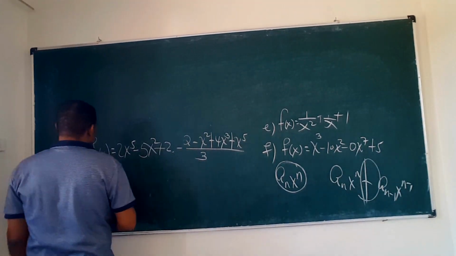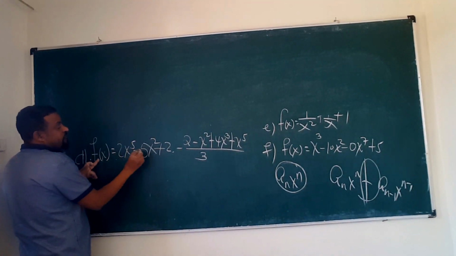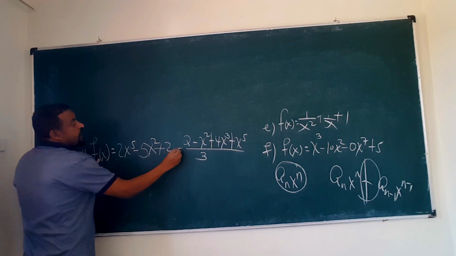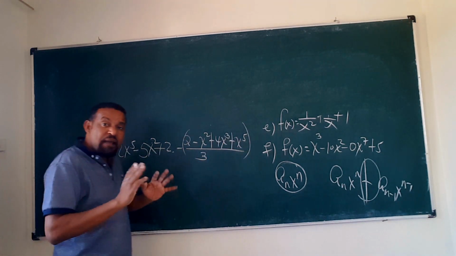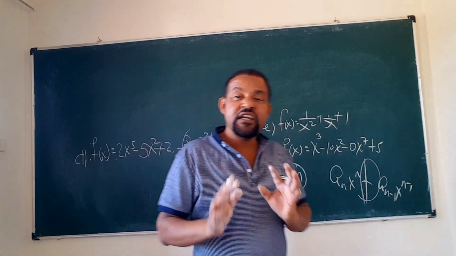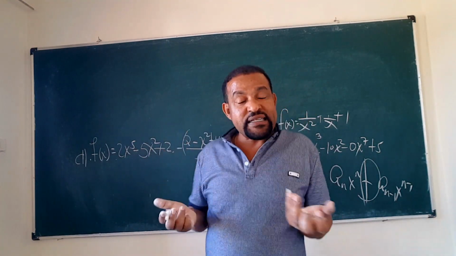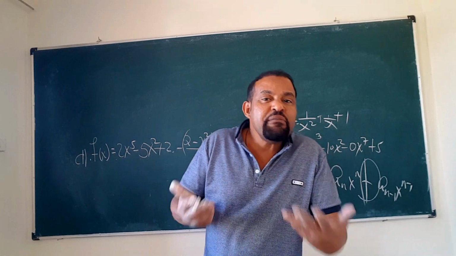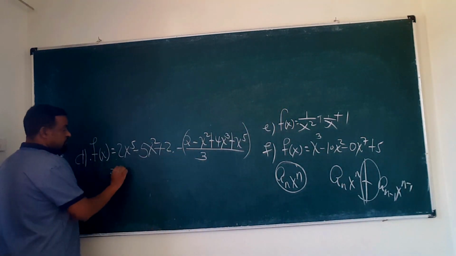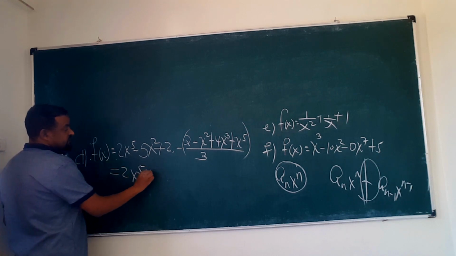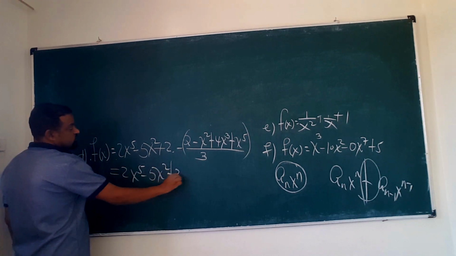The next problem, look: f of x is equal to x to the power of 5 minus 5x squared plus 2 minus, and here some simplification is needed. So before finding the degree, leading coefficient and constant term, if there is anything to simplify, you must be able to simplify it. Alright, so this will be 2x to the power of 5 minus 5x squared plus 2.